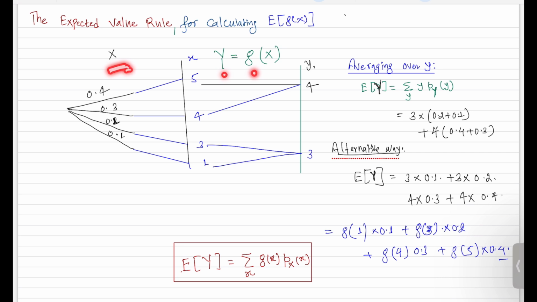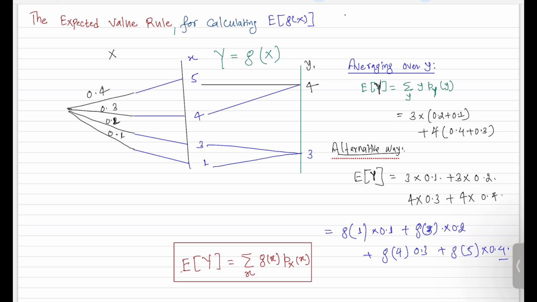If you look at the formula, we are running our summation over all the possible values of x. We just need to see that if x is taking this value, what will be the corresponding value of y, and we need to know the probability of the random variable x that it is taking.